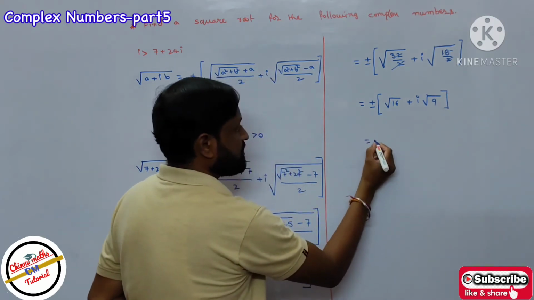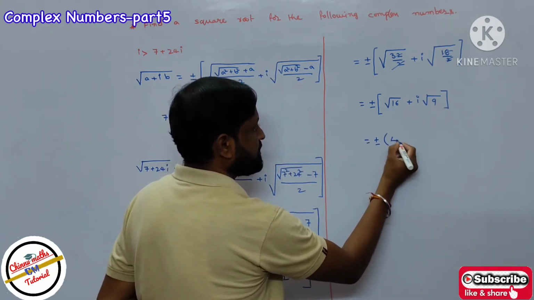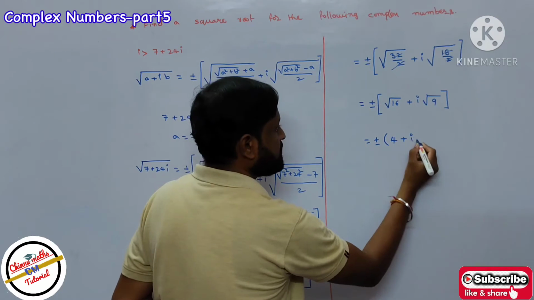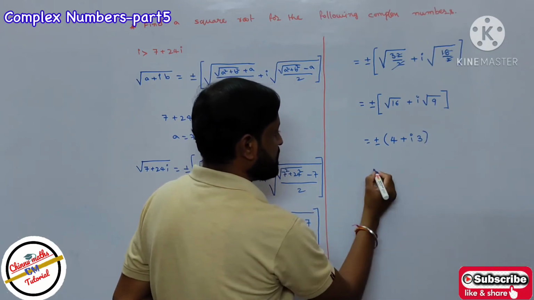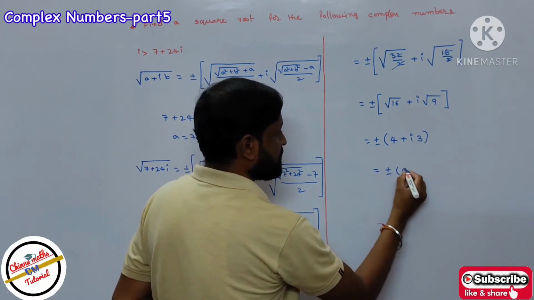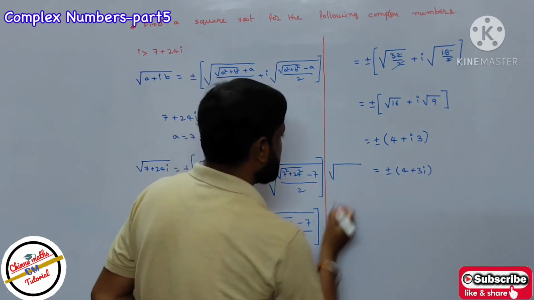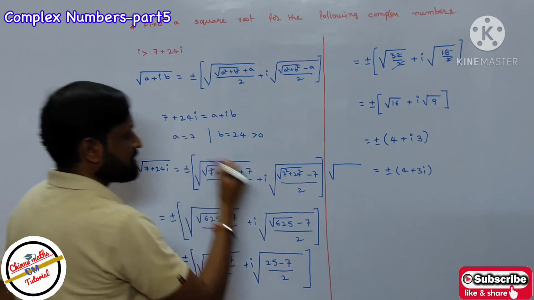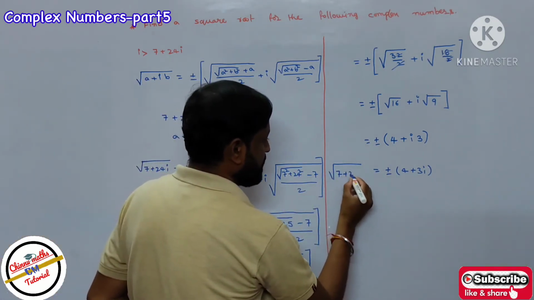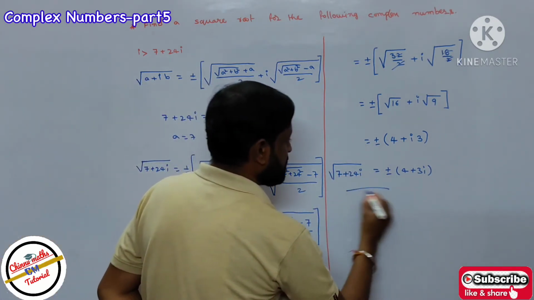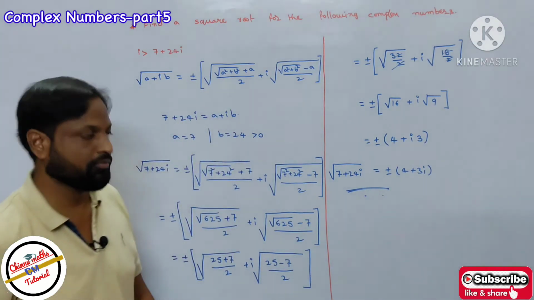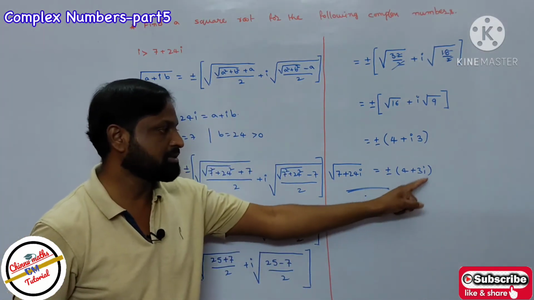Root of 16 equals 4, plus i into root of 9 equals 3. So finally you have to write plus or minus 4 plus 3i. The square root of 7 plus 24i equals plus or minus 4 plus 3i.